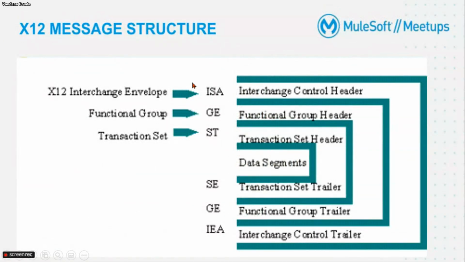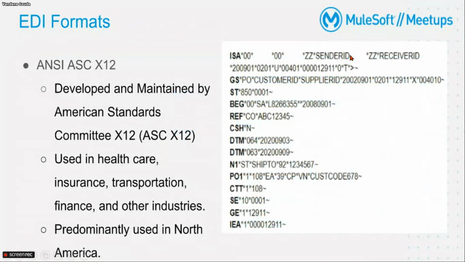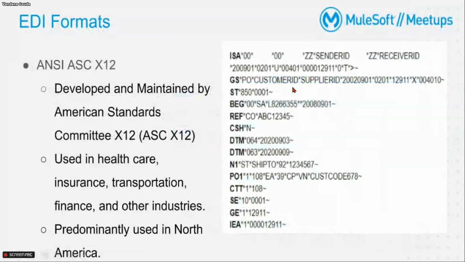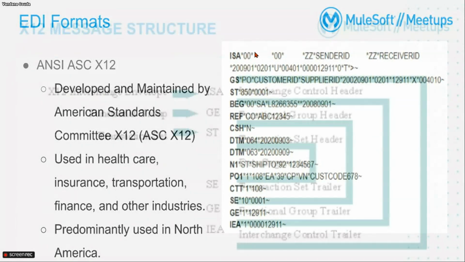In X12, we already saw one format, right? I just took this from Google. ISA, GS, ST. We'll discuss what all these are. First, X12 has an outer envelope, that is ISA.